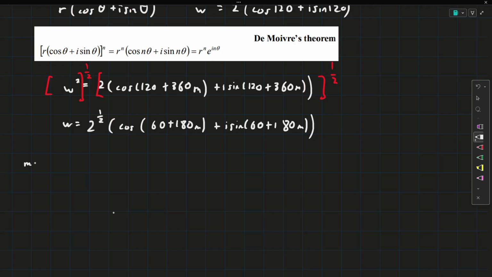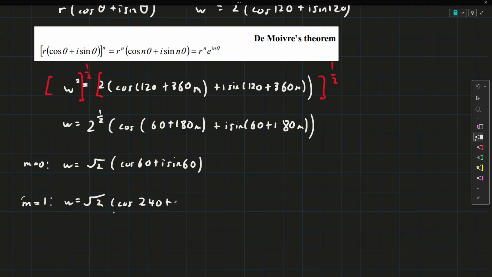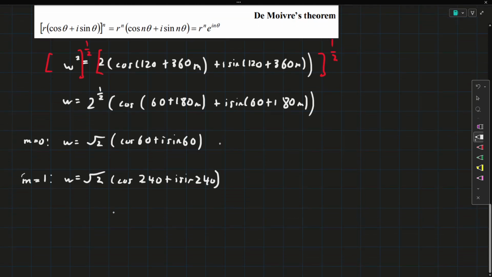So we can let m equal 0, and then we'll get that w is equal to the square root of 2 times cos 60 plus i sine 60. And then our other one will be m equals 1. You can use different numbers, but these are just two adjacent ones that'll definitely work. So the square root of 2 times cos, and then if m is 1, we'll have 240 plus i sine 240.